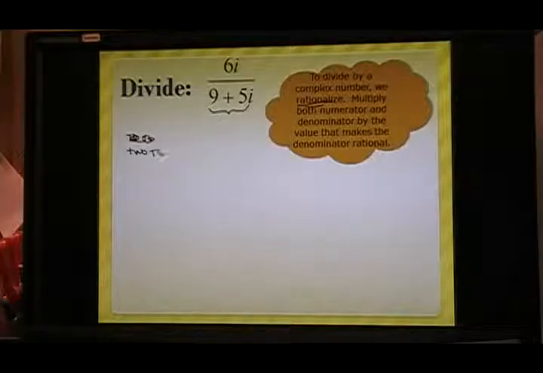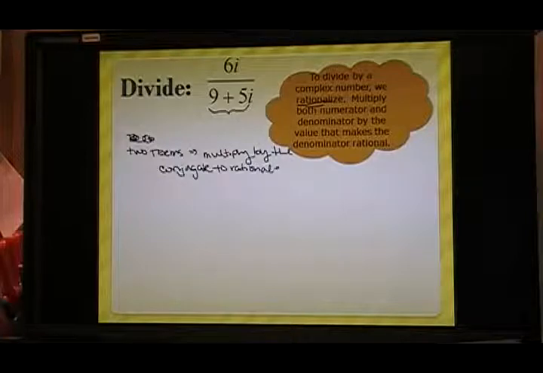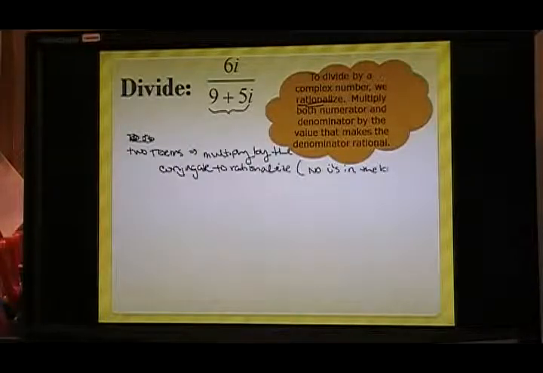Two terms, you're going to multiply by the conjugate to rationalize. We want to end up with no i's in the bottom.